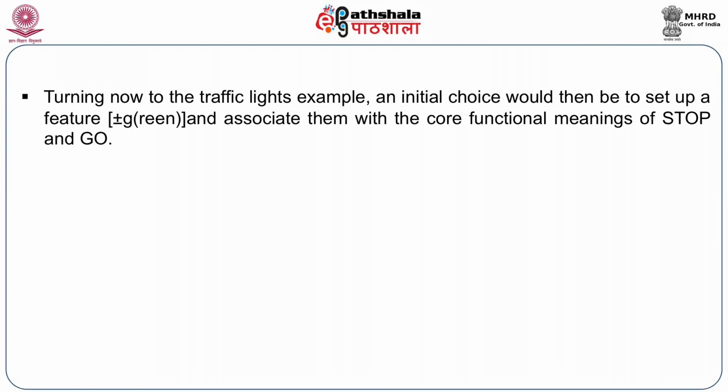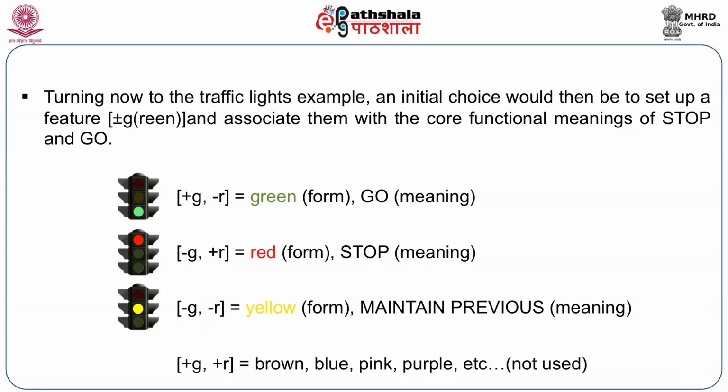So looking at the traffic lights example, an initial choice would be to set up the feature plus minus green and then associate it with the core functional meaning of stop and go. So plus green is green in form and has the meaning go. Minus green is red or yellow, or in fact could be blue, purple, pink or any other, and it has the meaning stop.